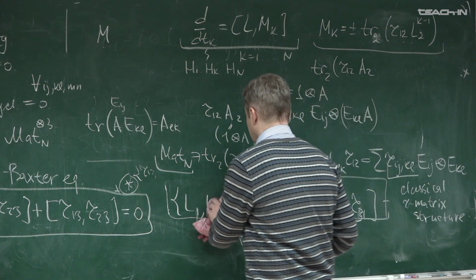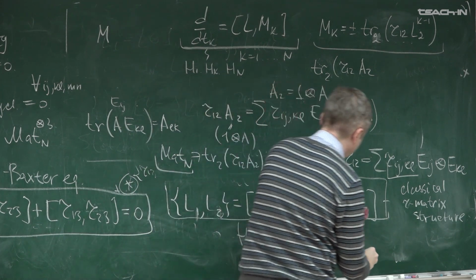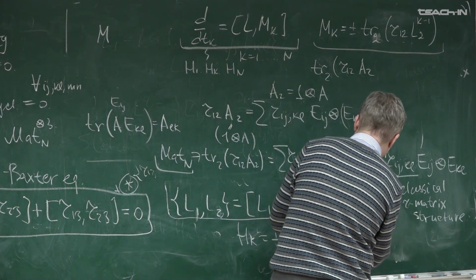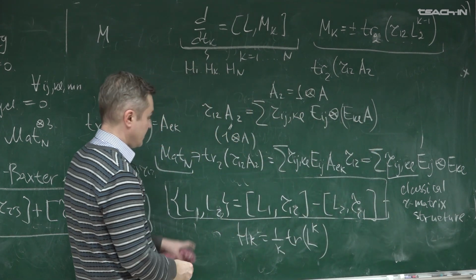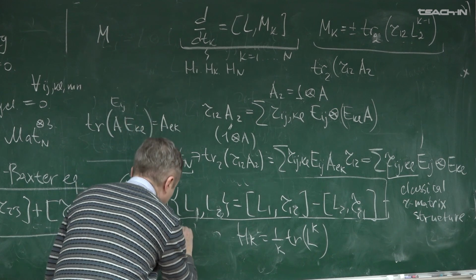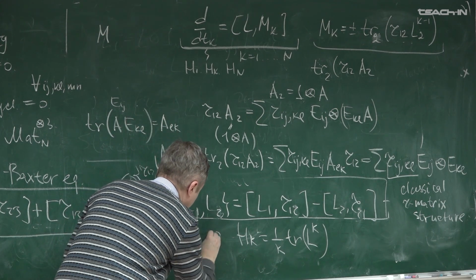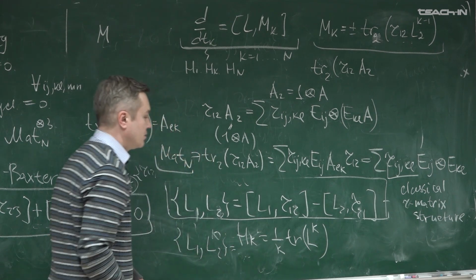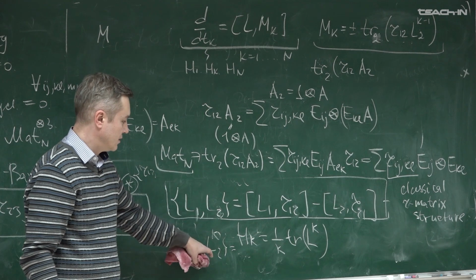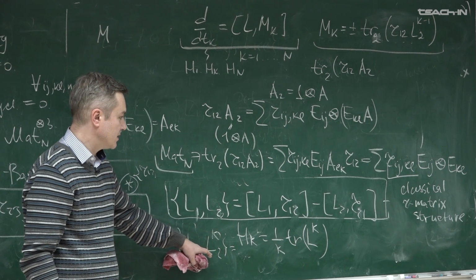You just use this relation, and then you may compute L1, L2 in some power k using the Leibniz rule, and then take a trace over the second tensor component.